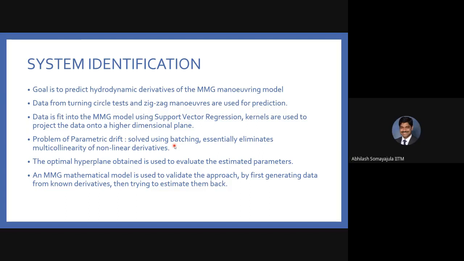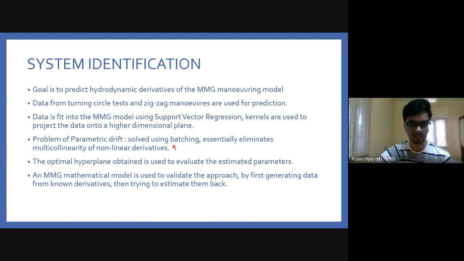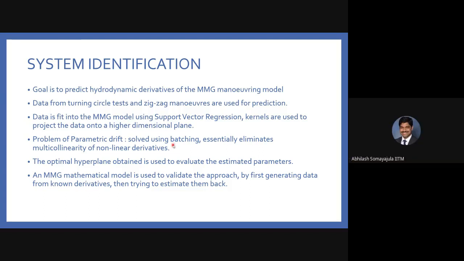But when I do the experiment, it may so happen my turning circle diameter comes out to be a different value. Oh, okay. So to match your mathematical model, you want to derive a new, more accurate mathematical model for the same ship. Correct. You want to achieve that by identifying from the data from the experiments.